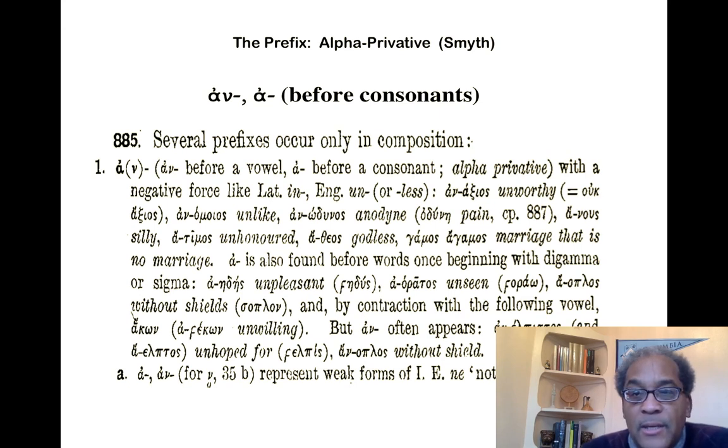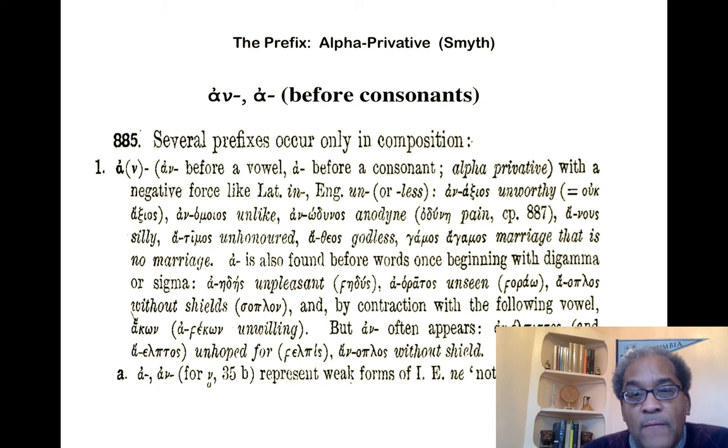So anaxios is unworthy, equals ouk axios. Anomos is unlike. Atimos is unhonored. Atheos is godless. Gamos, agamos, a marriage that is not, no marriage.